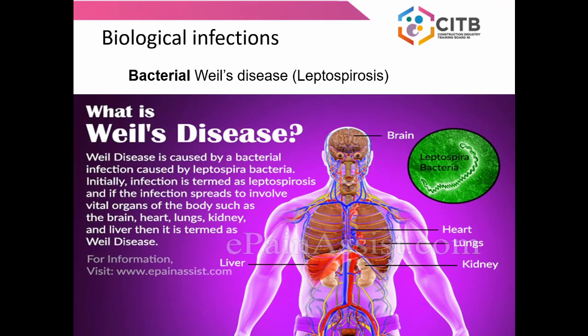Infections. What is Weil's disease? Weil's disease is caused by a bacterial infection caused by Leptospira bacteria. Initially, infection is termed leptospirosis, and if the infection spreads to involve vital organs of the body, such as the brain, heart, lungs, kidneys, and liver, then it is termed Weil's disease.